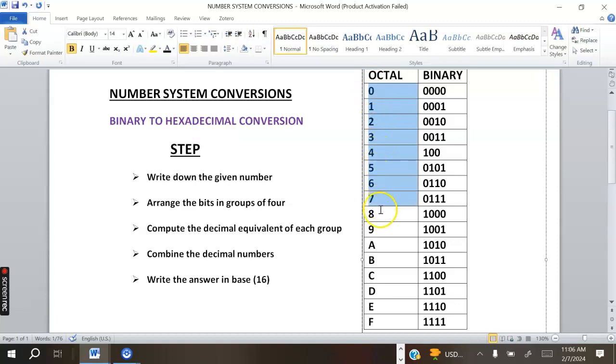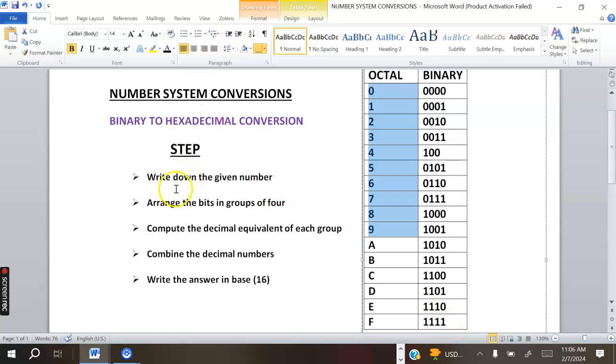As you can see, the numbers run from 0 to 9. The other part has letters to represent the remaining numbers to total 16. So we have A all the way to F, and each has its equivalent value. For 0, this is the binary value, while for the F, this is the binary value.